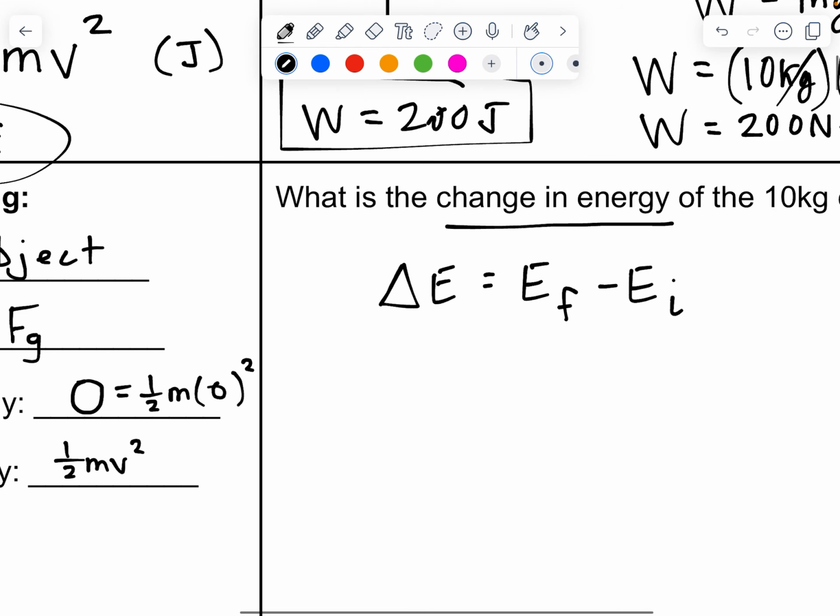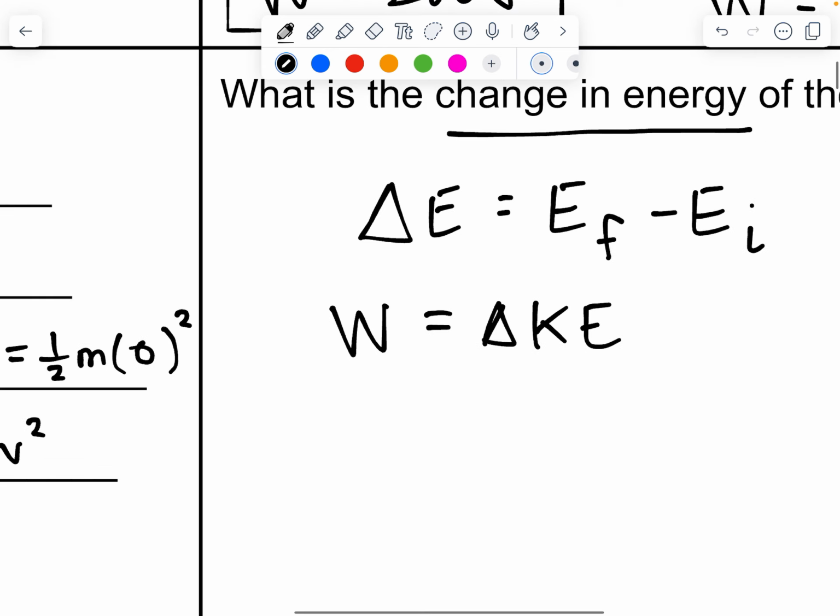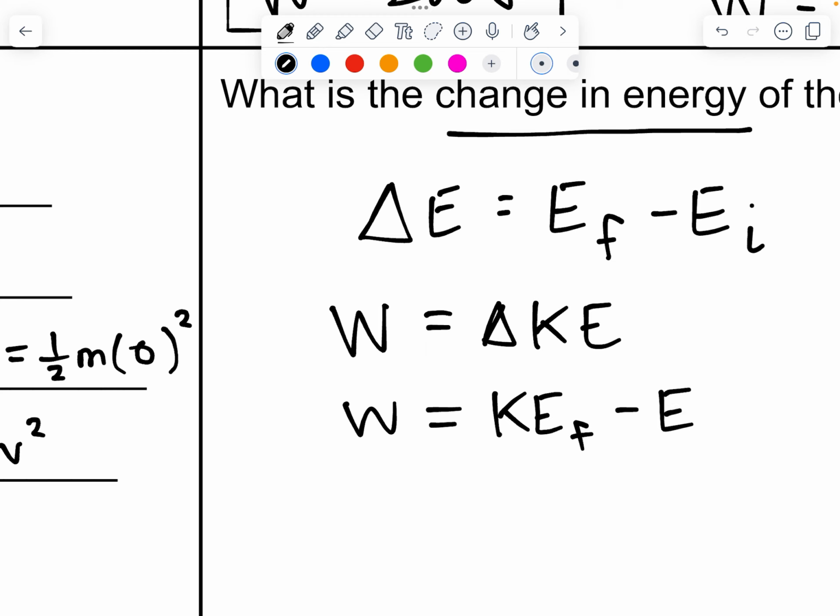So how can this help us? Well, that means that work is equal to the final kinetic energy minus the initial kinetic energy, right?